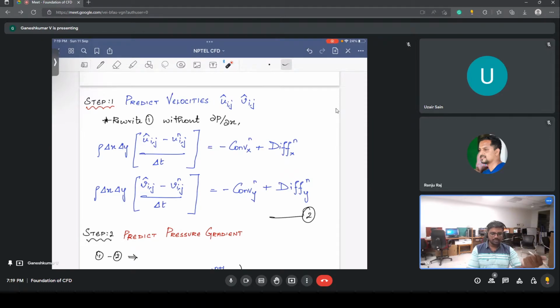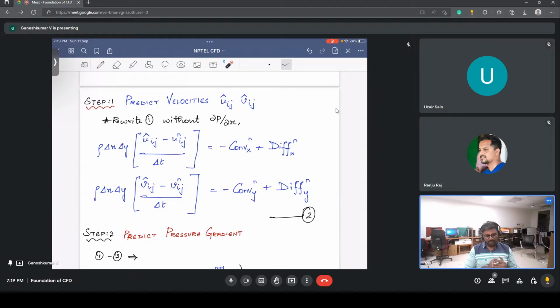If you take SIMPLE or SIMPLEC, it has a few modifications like the addition of a pressure term in the prediction of velocity. So a few more steps are involved, and then they make it a separate solution algorithm.